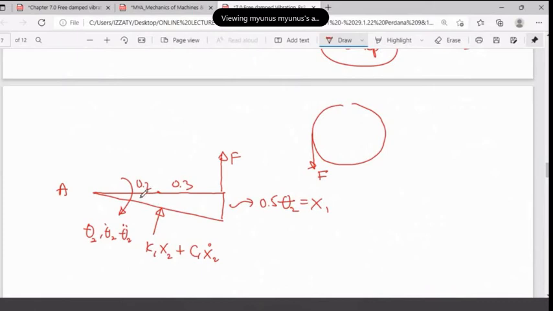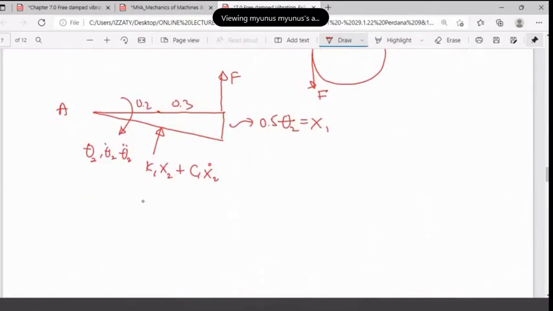So now you will have the summation of moment about A equal to I about A theta double dot, putting here as positive.